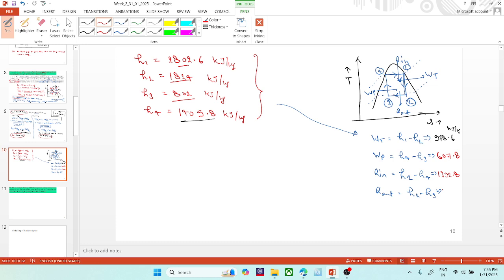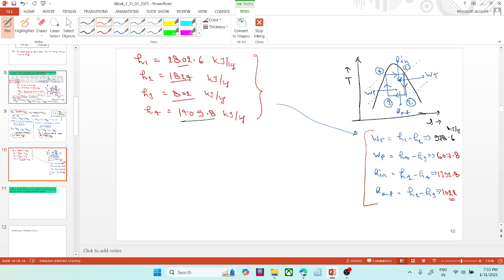This would be 1022. So like this, you can calculate the things, and also you can have a look at the calculations and how I got these values. So we got all the things.